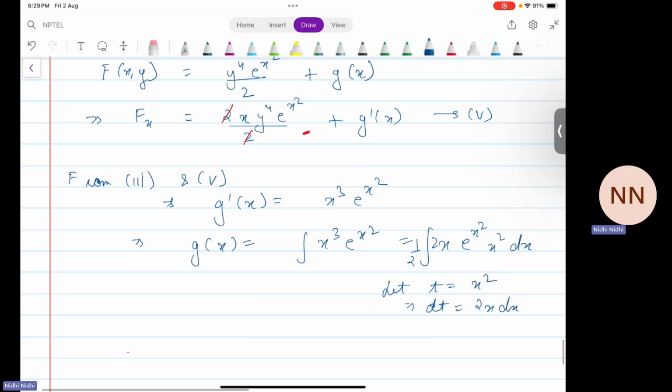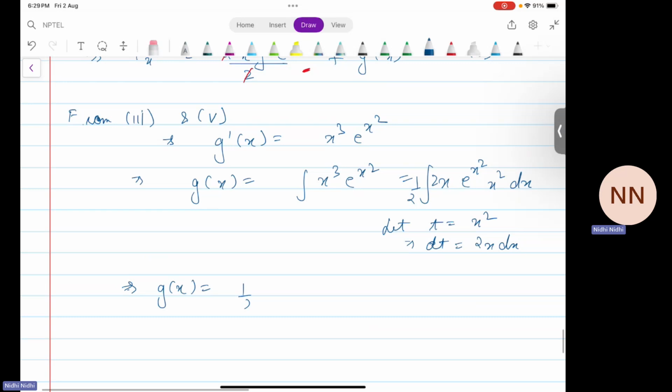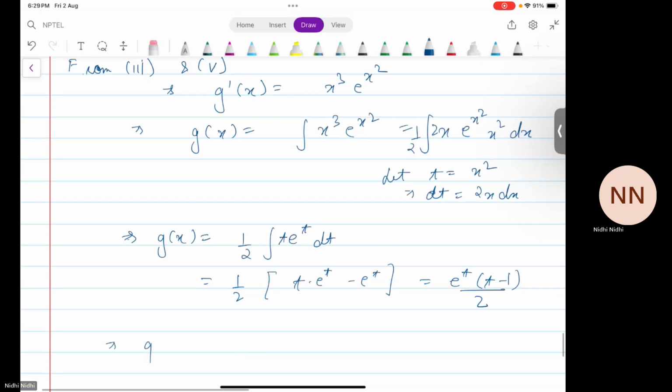So this gives us g(x) is equal to 1 by 2 integration of t e to the power t dt. Again, we'll be using the product rule to integrate it. t as it is, e to the power t minus e to the power t, times 1 by 2. Now what was t? It was x square. g(x) is equal to (x square minus 1) e to the power x square by 2.